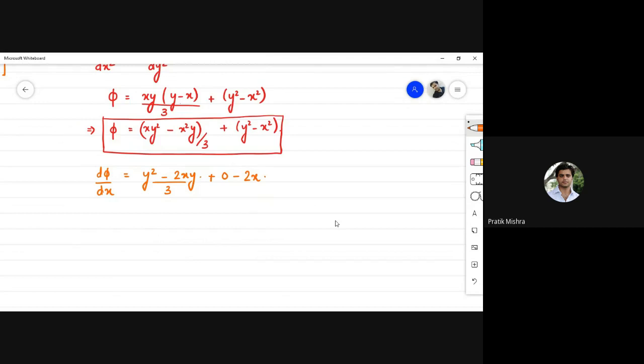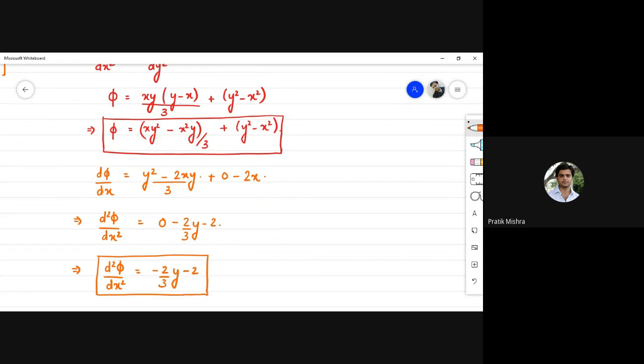Next, again differentiating with respect to x, d2 phi by dx square is equal to 0 minus 2 by 3 y minus 2. So from here you get the value of d2 phi by dx square, which is minus 2 by 3 y minus 2.